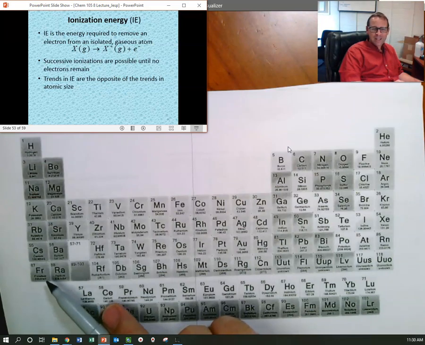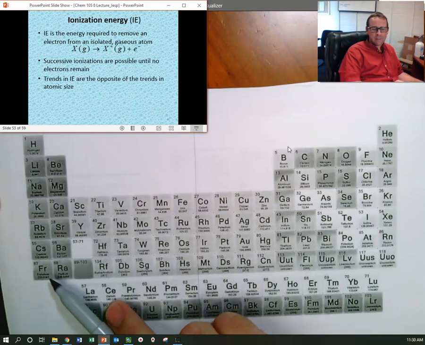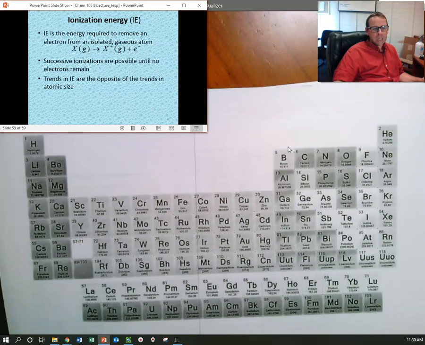It likes all its 87 kids, but it really is less affected if it loses one of its 87 kids. All right? So, not a very comfortable analogy maybe, but hopefully helpful to recognize that it will always require energy to remove a child, an electron, from an atom, from a family. But the more electrons that it has, the less energy it's going to require to remove that electron. Okay?